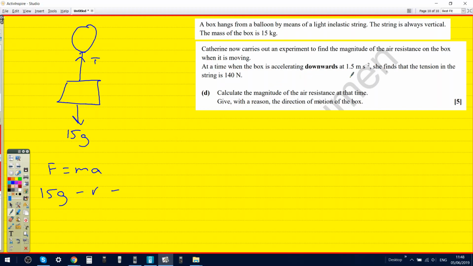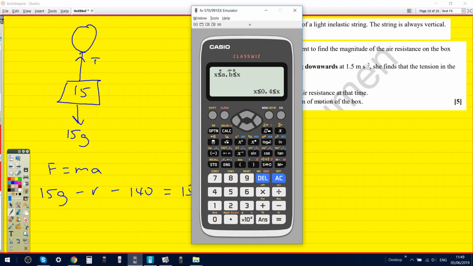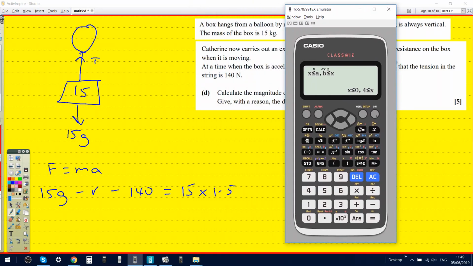Oh, she finds the tension in the string is 140, sorry, I didn't see that. Yeah, equals MA. So 15 times 1.5. Okay, and then you solve it? Yep.